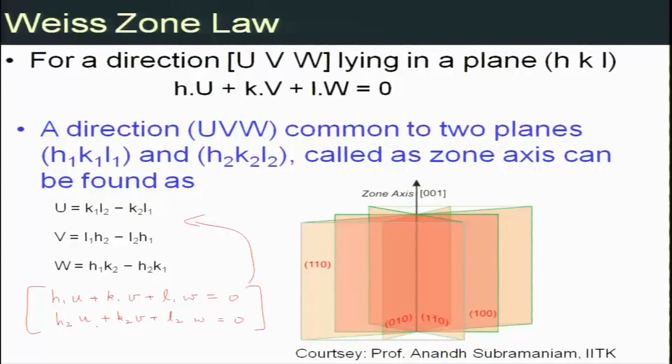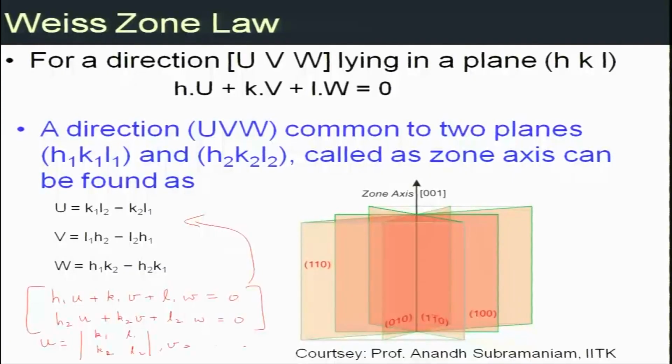U will be equal to the determinant of K1 K2 and L1 L2, and so on and so forth. You can write an expression for V and for W in the matrix form. V will be equal to minus of the determinant of H1 H2 and L1 L2.